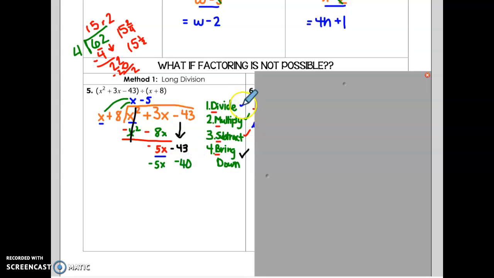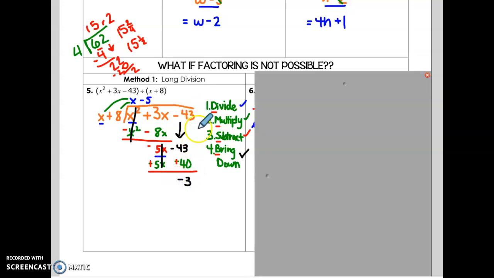Okay, so I've gone through divide and multiply. Now I'm going to subtract. So to subtract a negative, I have to change the signs to positive. Okay, now I have negative 5x plus 5x. Those are going to cancel. And I have negative 43 plus 40, which gives me a negative 3.